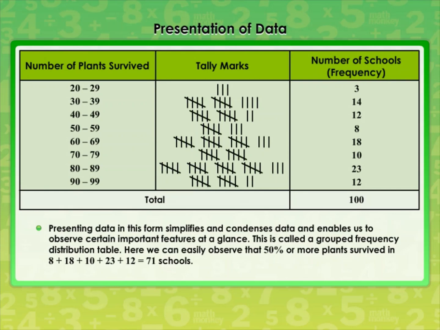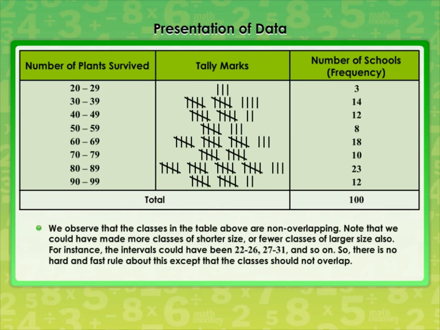Using tally marks, the raw data can be condensed into a tabular form. For 20 to 29 plants that survived, the frequency is 3. So the tally marks are drawn like this. For 30 to 39 plants that survived, the frequency is 14. Hence, the tally marks are drawn like this. Similarly, for the other values, the tally marks are drawn accordingly.